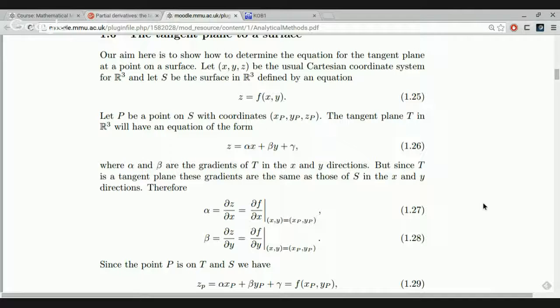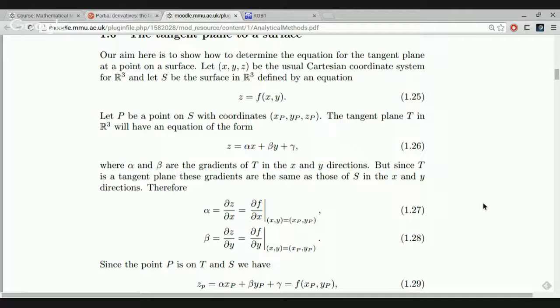Yeah? So you've got the x, y, and z axis. You've got the surface lying over the plane somehow. There's this point P on it. The coordinates xp and yp are down here on the ground plane.